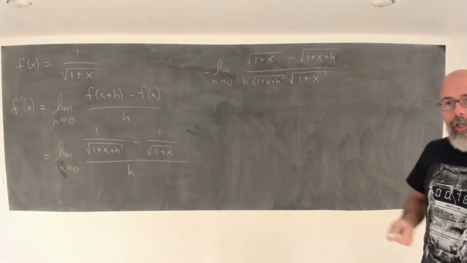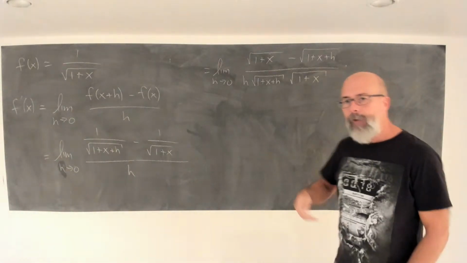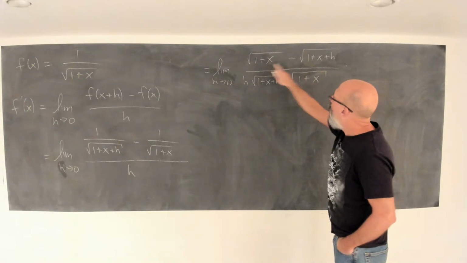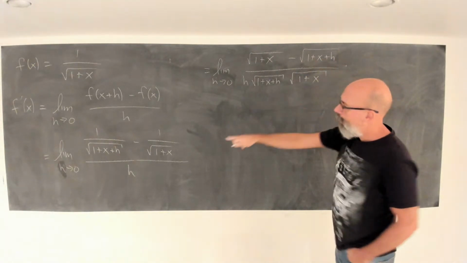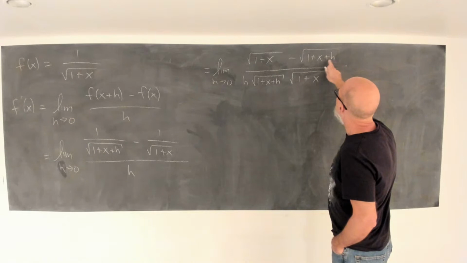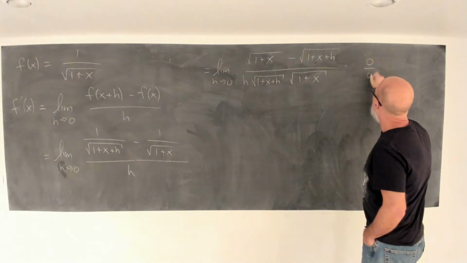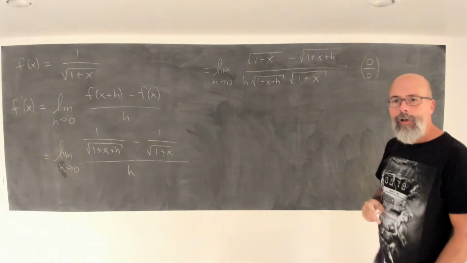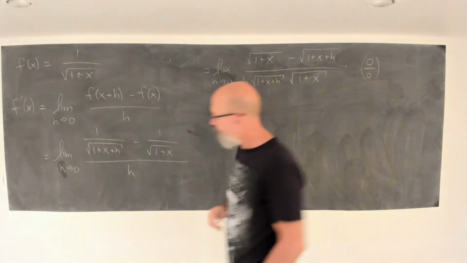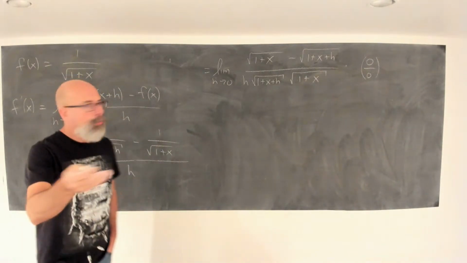And if you plug in h equal to 0, again, this goes to 0, so numerator goes to 0, denominator goes to 0, you still have a 0 over 0. What are we going to do now?